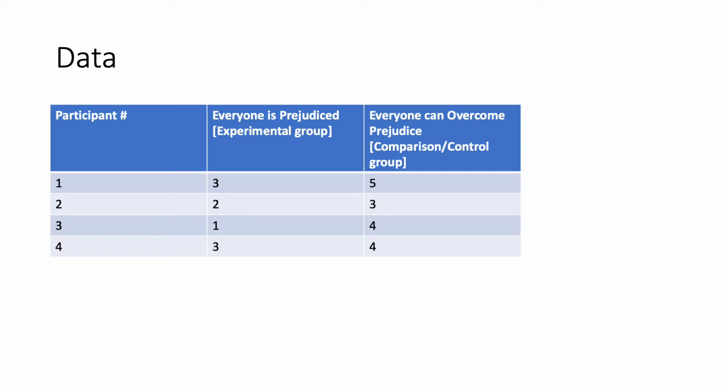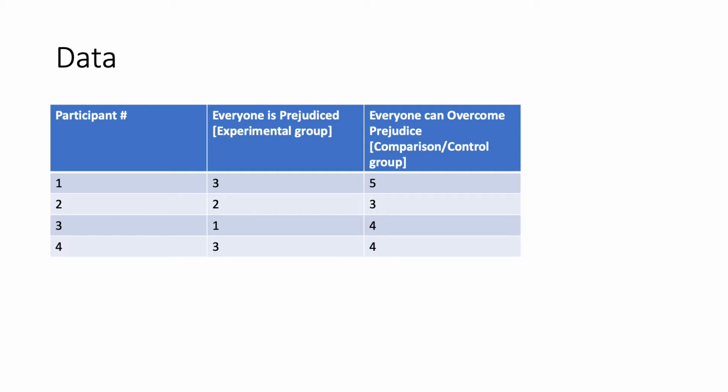Participant 1, when they read the everyone is prejudiced condition, reported their beliefs in free will to be a 3. When that same person read the everyone can overcome prejudice article, they gave us a 5. Participant 2, 2 and 3. Participant 3, 1 and 4. Those are beliefs in their own free will over their prejudice. And participant number 4 gave scores of 3 and 4.